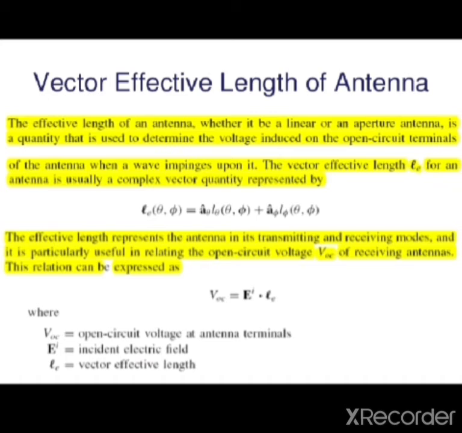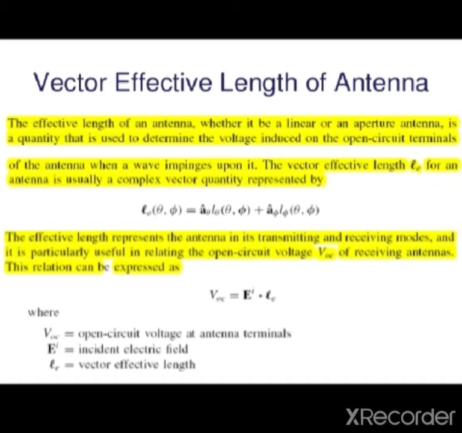The effective length represents the antenna in both transmitting and receiving modes, and it is particularly useful in relating the open circuit voltage of a receiving antenna. This relation can be expressed as VOC equal to E incident into Le. I already told you the effective length is equal to the ratio of the open circuit voltage at the antenna terminals to the incident electric field.